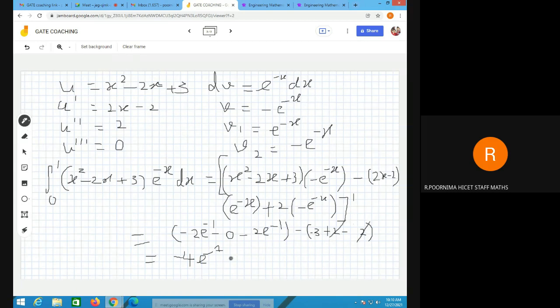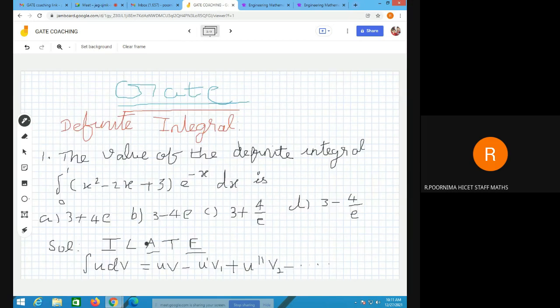So it becomes plus 3. So the answer is 3 minus 4 e power minus 1, which can be written as 1 by e, so it becomes 4 by e. So you are having a choice, no? 3 minus 4 by e. This is the answer.